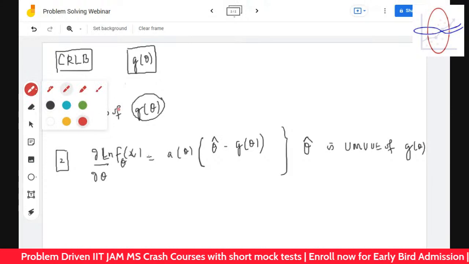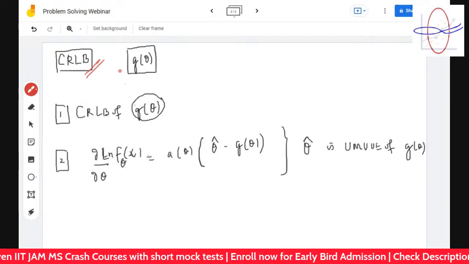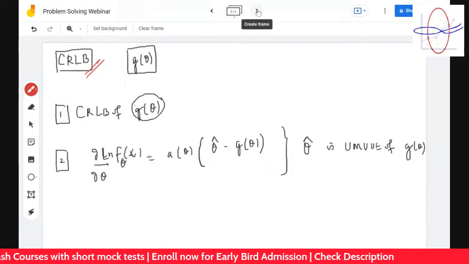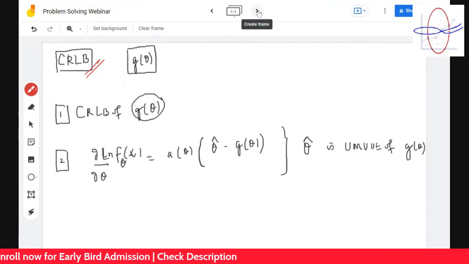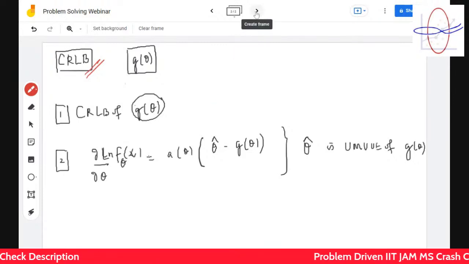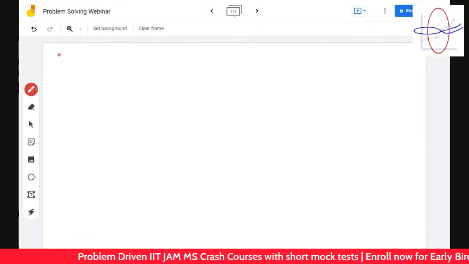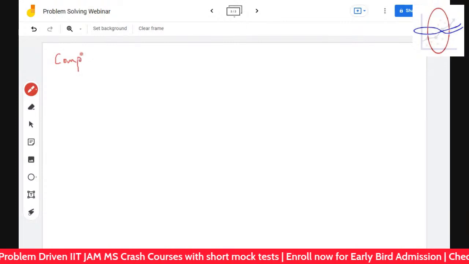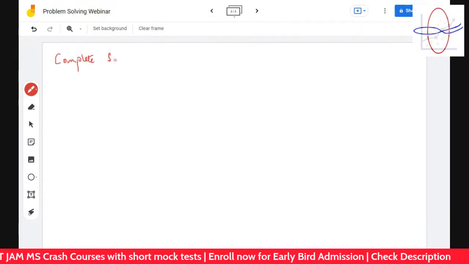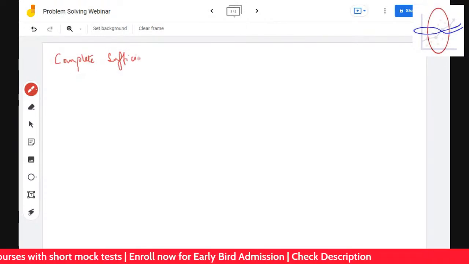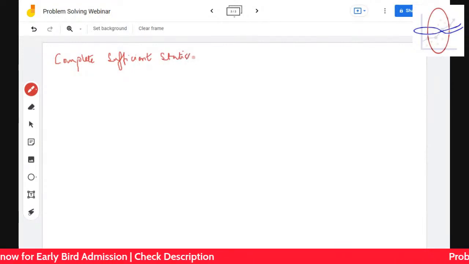So this is by CRLB only that we do. And the next one is by complete sufficient statistic.